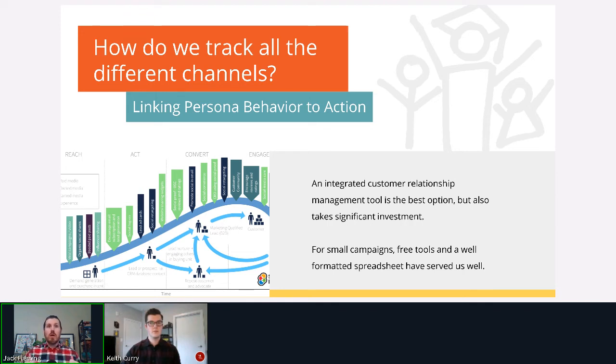And so the way we link that persona behavior to action and return on investment is through an integrated customer relationship management tool, or CRM tool. That's the best option. Think a Salesforce, Every Action, which is sort of an advocacy platform, or Salsa Labs or Blackbot or other advocacy tools have a CRM component as well.